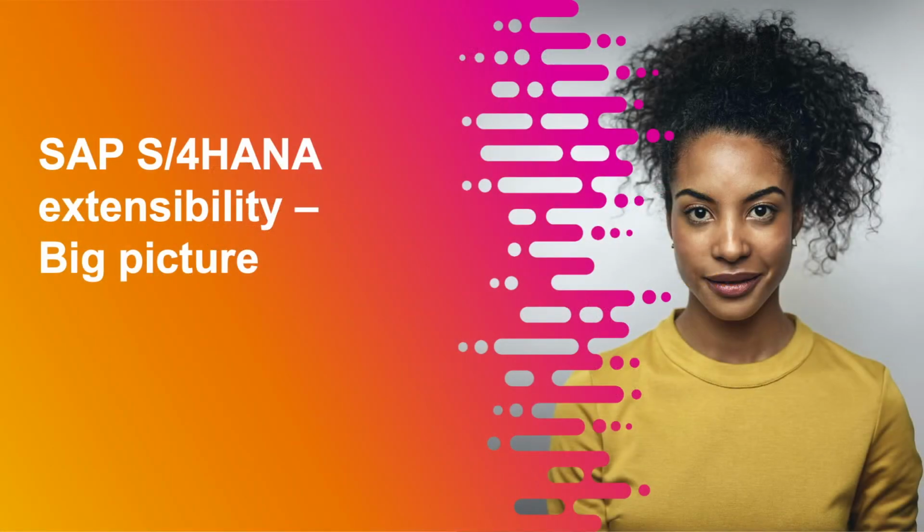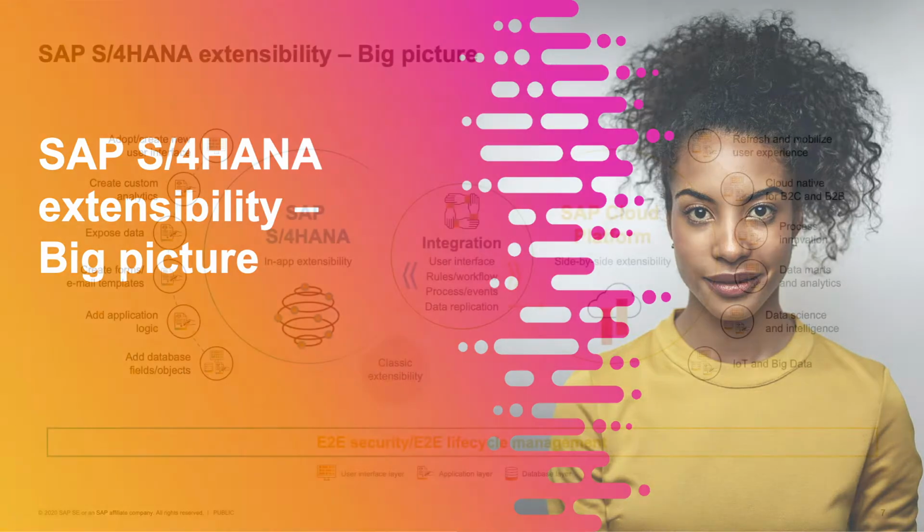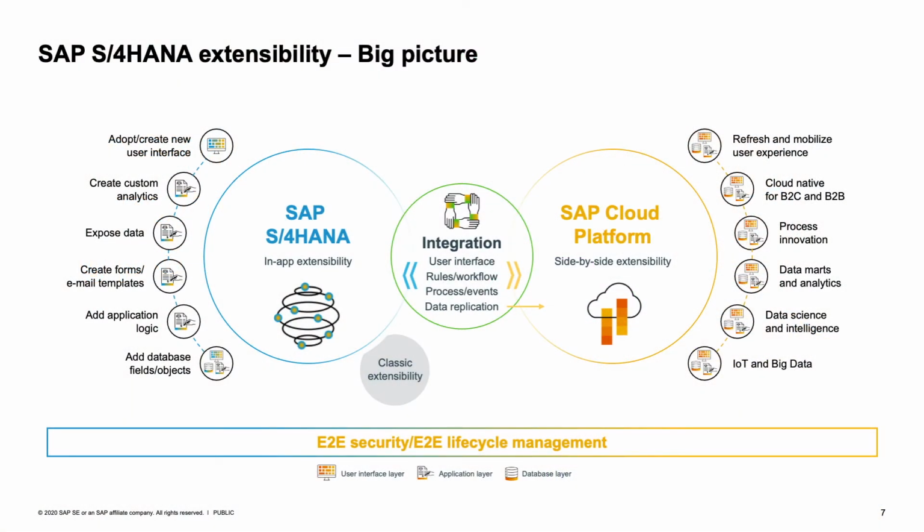Now let's go ahead, looking at the big picture, the S/4HANA extensibility big picture. On the left side, you see in-app extensibility. And with in-app extensibility, whatever you do is tightly integrated into the S/4 stack.